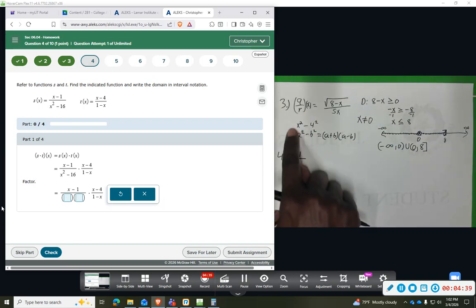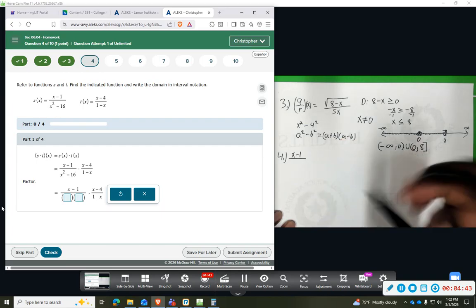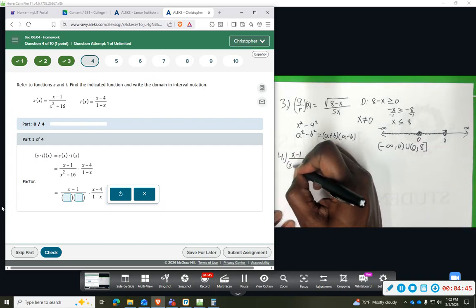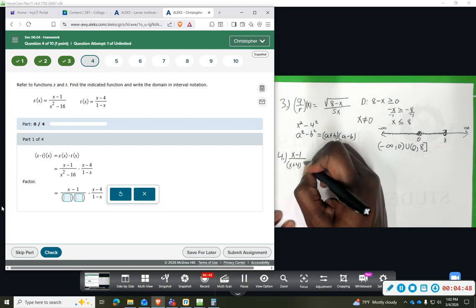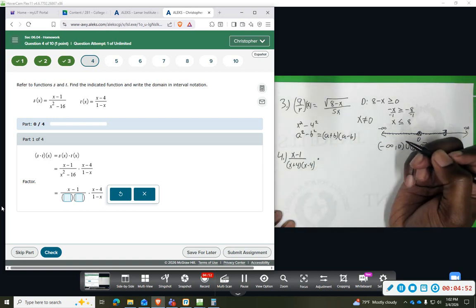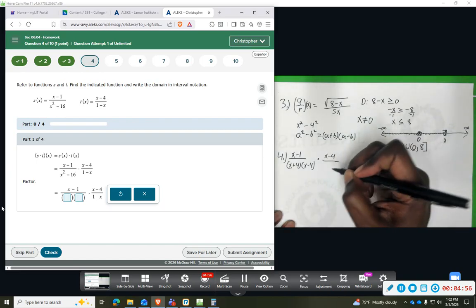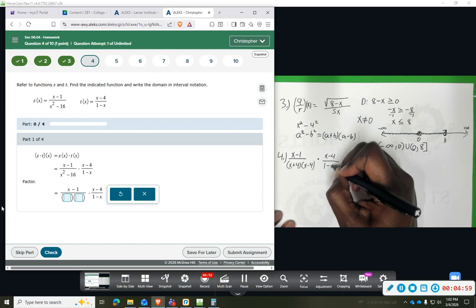So if you just imagine this like this, just remove the squares, and so we'll have an x plus 4 and an x minus 4. So that's what we're doing first. That is being multiplied by x minus 4 divided by 1 minus x.